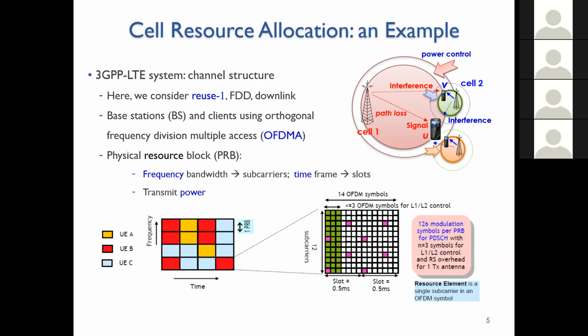I'm using a very typical, simple network such as LTE for 4G or 4G plus. Now I'm going to reuse all the resources, such as frequency or power, for all users, which we call a reuse-one system. I'm going to introduce this topic in terms of downlink.